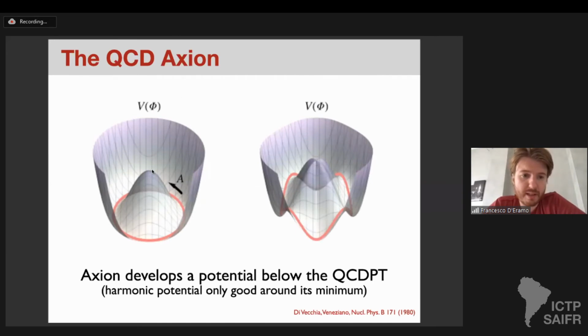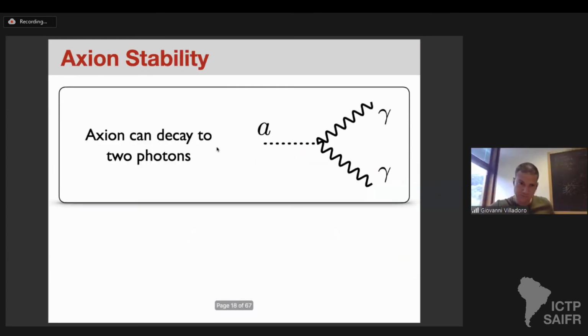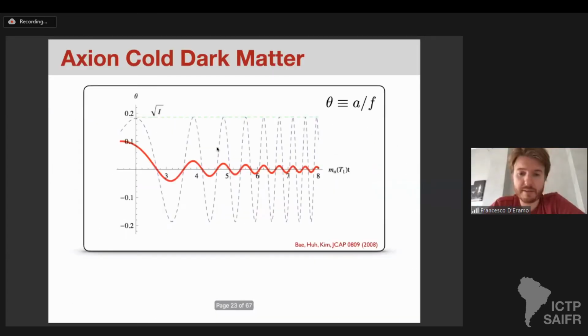So the potential is not flat. In this slide, you see that this is the potential of a true Goldstone boson, but as a result of the anomaly, the axion field actually has a potential. So these field configurations along the circle are not equivalent. They don't have the same potential energy. So the axion potential is not flat because of these non-perturbative potentials generated by QCD effects.